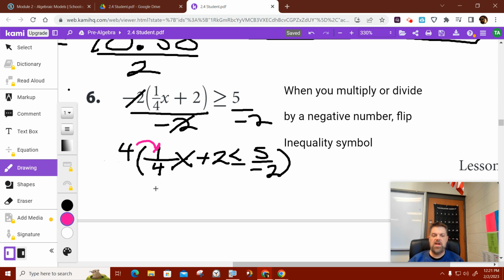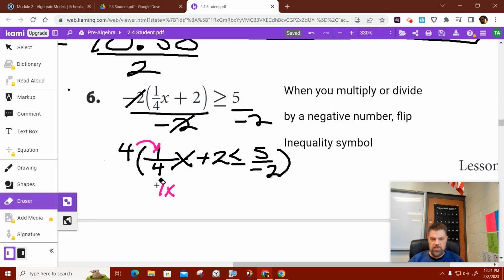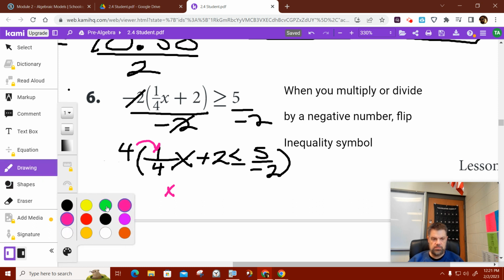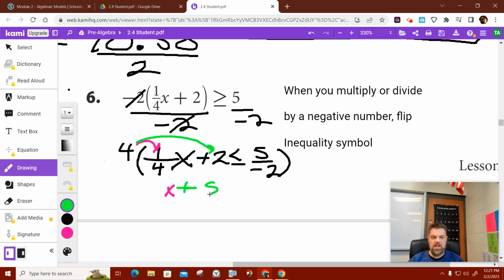What's 4 divided by 4? 1x. Now, technically, we never write down the 1, so I could just leave it as x, right? Now I've got to multiply 4 by +2. What's that? +8, right?